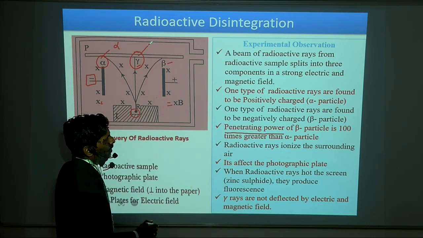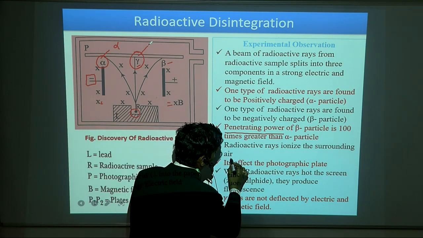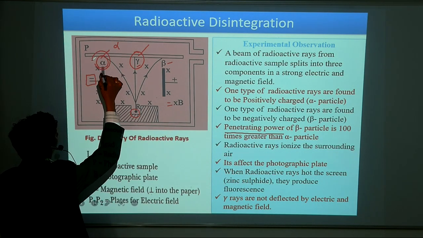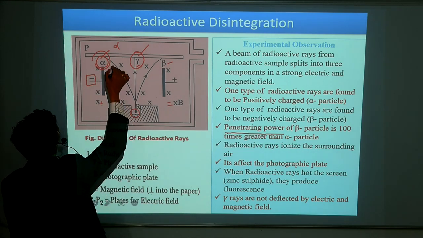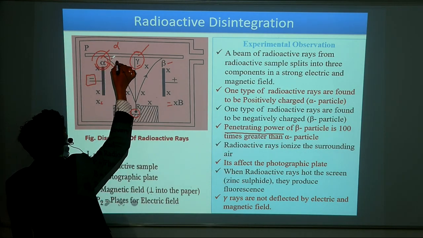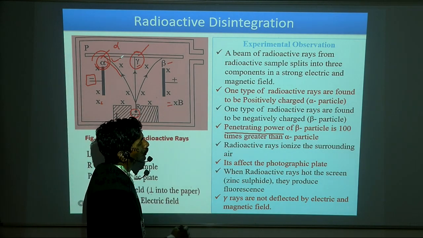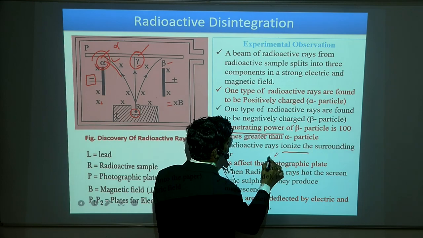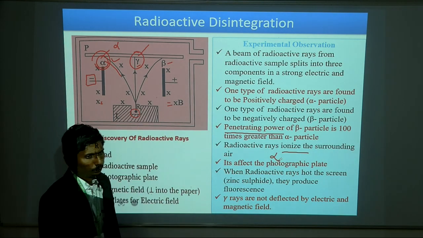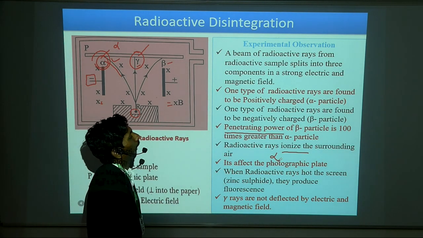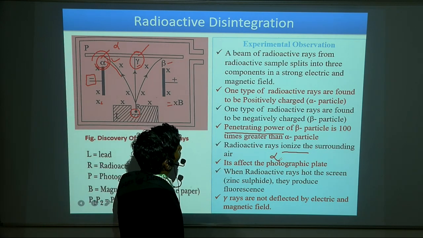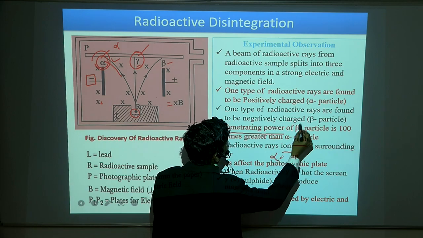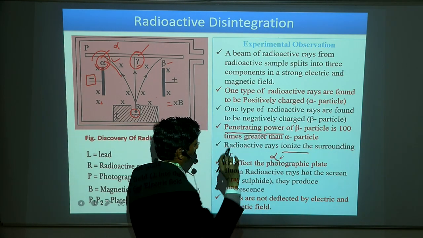Second, the ionization power: the alpha particle is heavy and interacts with many gas particles, so alpha has the most ionizing power. Ionization of gas particles by alpha is more than by beta. The beta particle's penetration power is greater than alpha and lower than gamma.